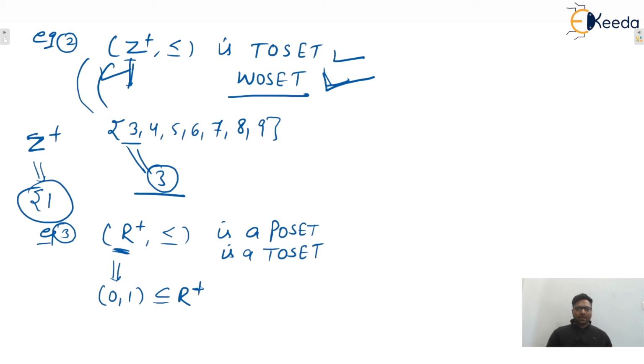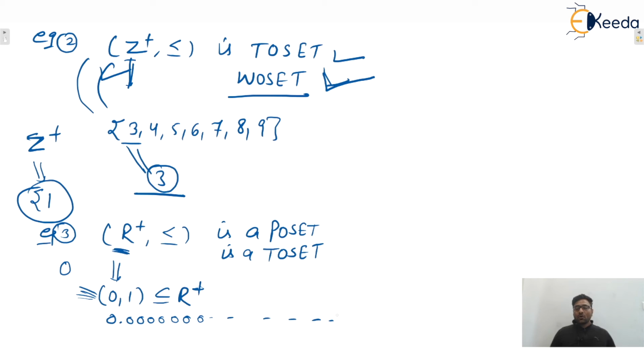In between, 0 is not a positive number, so here 0 is not included. So just after 0, we cannot determine what the least real number will be. Why? Because the first positive real number could be 0.0000, I don't know, something will be there.